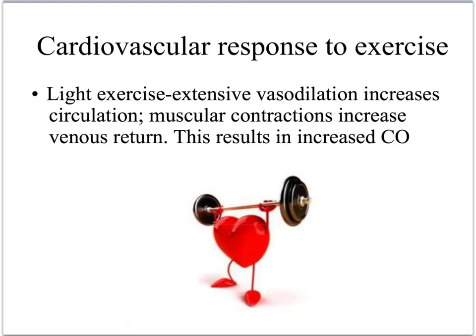We talked about this a little bit in chapter 20. When you are lightly exercising, and I say light exercise is the normal amount of exercise that one might do if they're not an extreme athlete, you're going to end up with a vasodilation in your skeletal muscles because you're increasing the blood flow to them to help them do the work more. At the same time, you're also having a large increase in your muscular contractions, so that's going to increase the amount of blood being brought back to your heart.